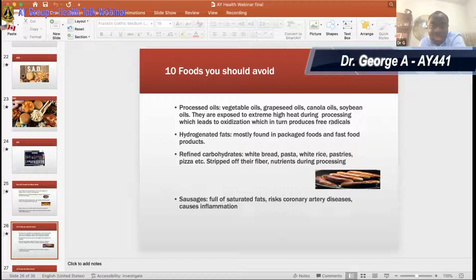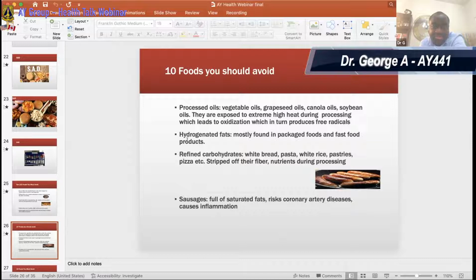So if you fried it, it's hard for it to oxidize to produce the free radicals. So right now, the best oil that you can eat is mostly olive oil, like the virgin form, right?